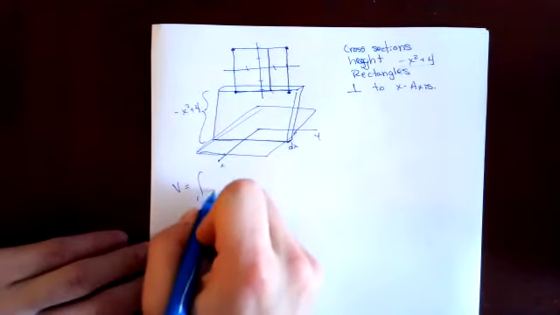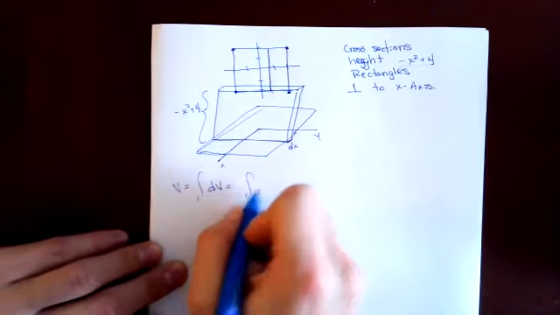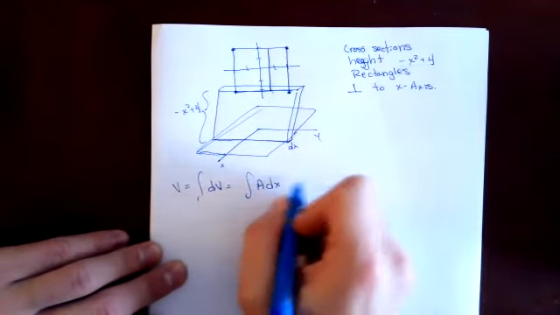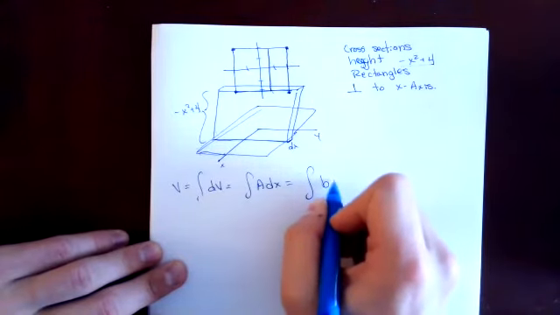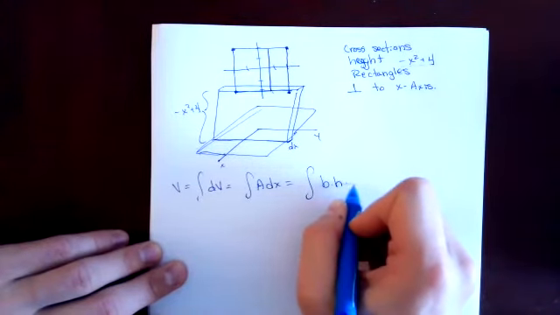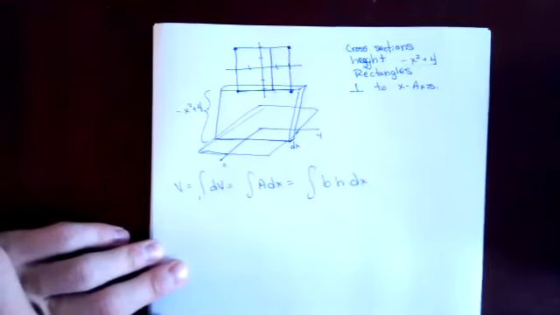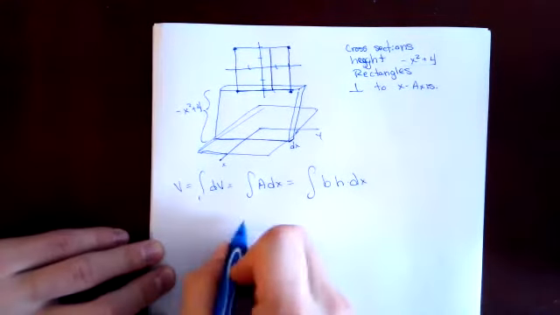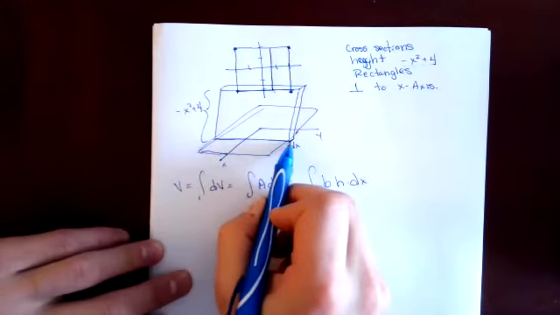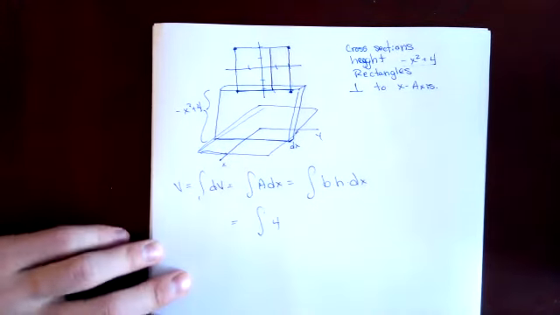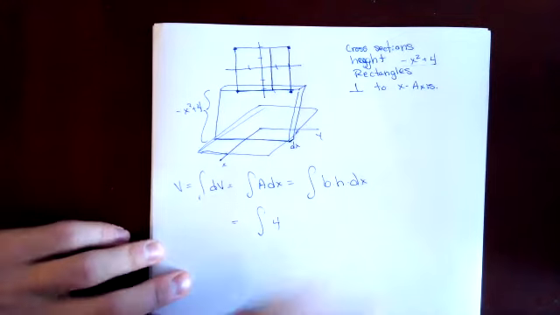Volume, dV, is the area times dx, base times height for the area. And what is the base? So if our base is this piece, it's always going to be 4. What is the height?